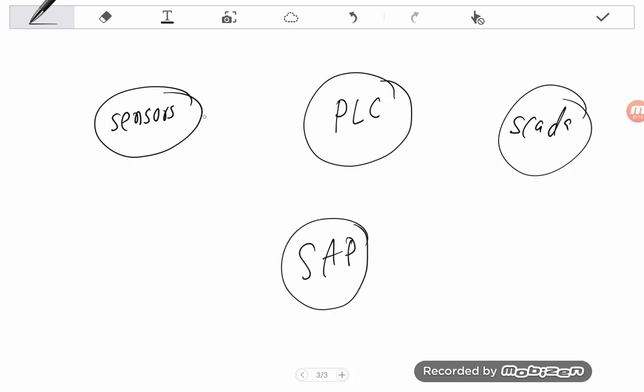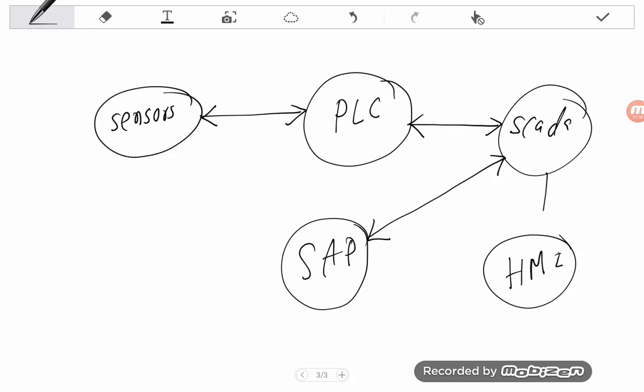The PLC is connected to various sensors and it is bidirectional communication. PLC is again connected to SCADA. This is again bidirectional communication, and the SCADA is also connected to SAP. One more thing is there, that is HMI, human machine interface, that is also connected to the SCADA system.